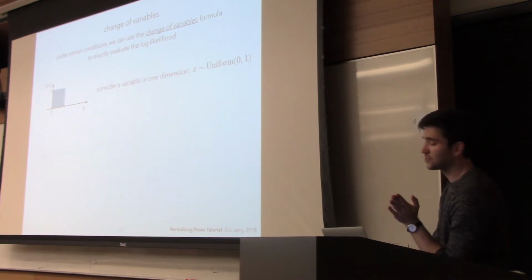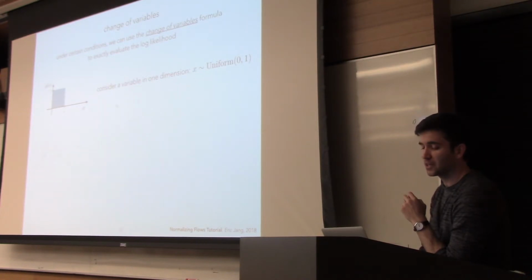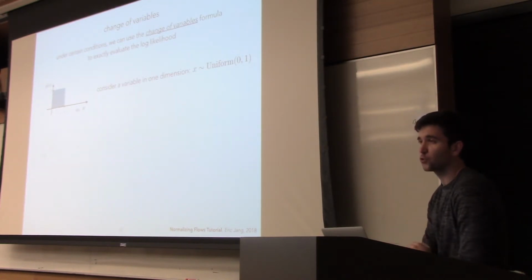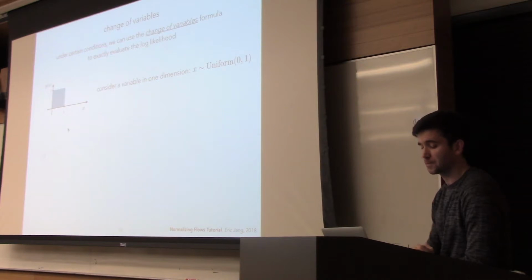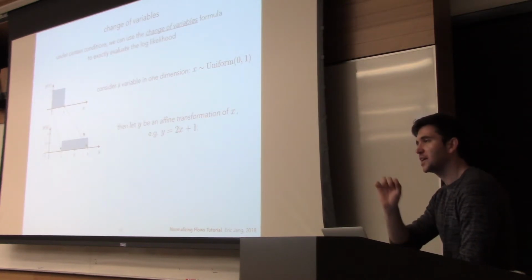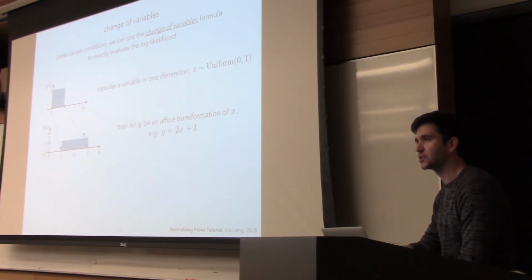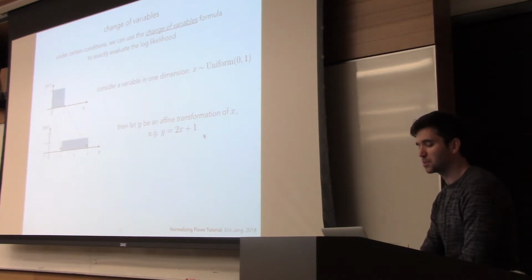Consider, for instance, if you just had a variable in one dimension. Now you're sampling x from, for instance, a uniform distribution between 0 and 1. What if we take this variable x and transform it in some way to get to some variable y using this affine transformation of 2x plus 1?